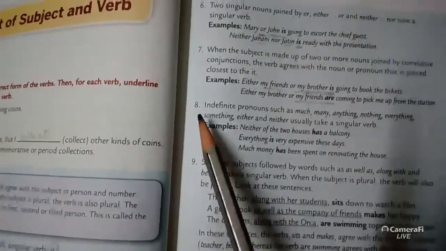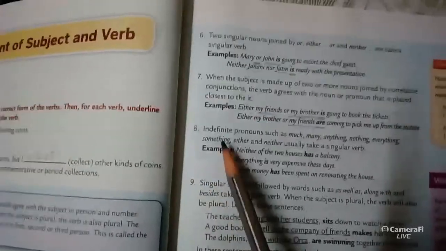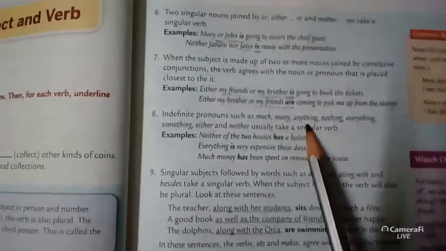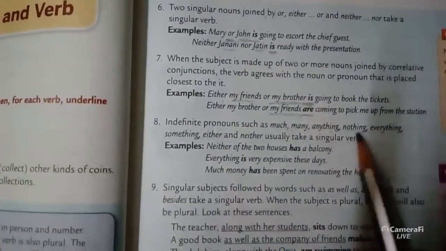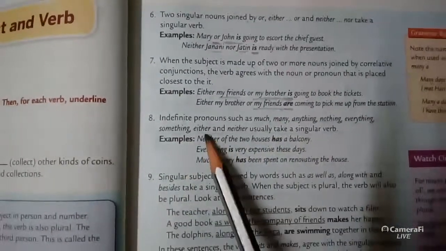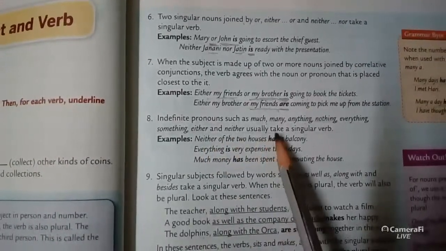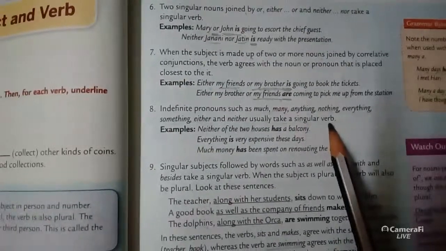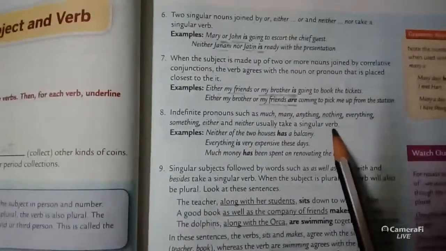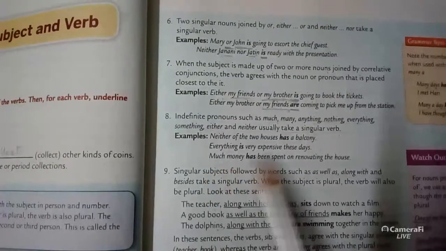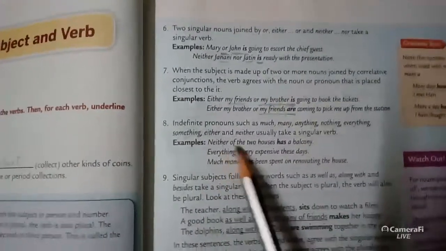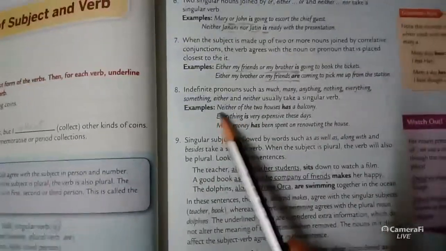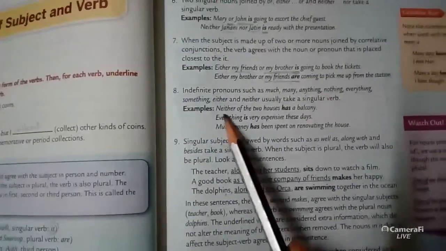Next, rule 8. Indefinite pronouns such as much, many, anything, nothing, everything, something, either and neither usually take a singular verb. Neither of the two houses has a balcony. Neither means not anyone.